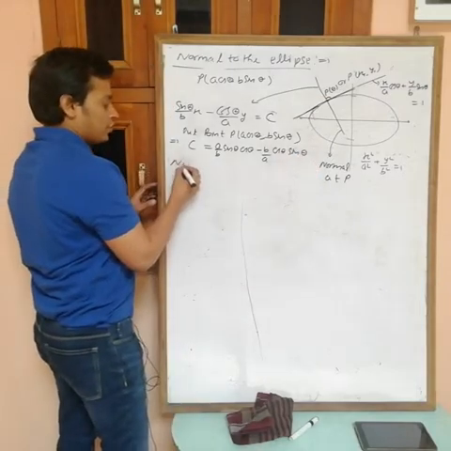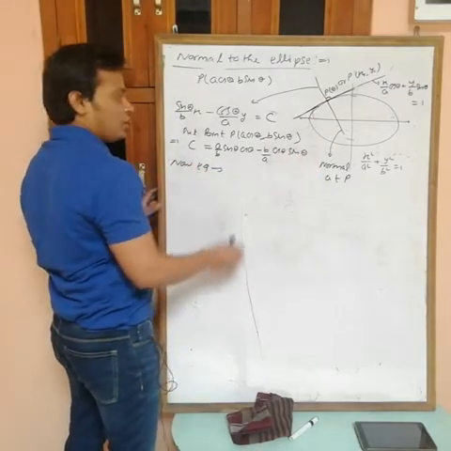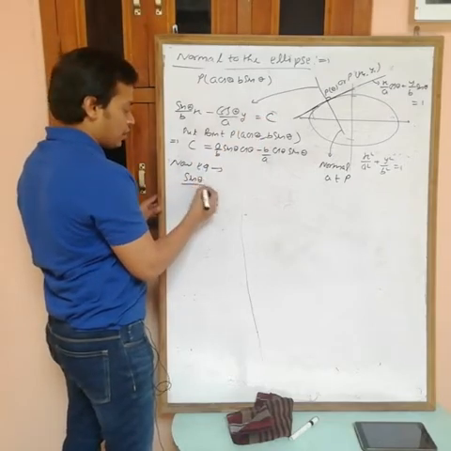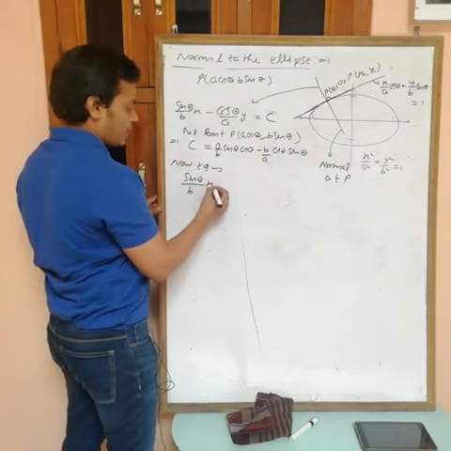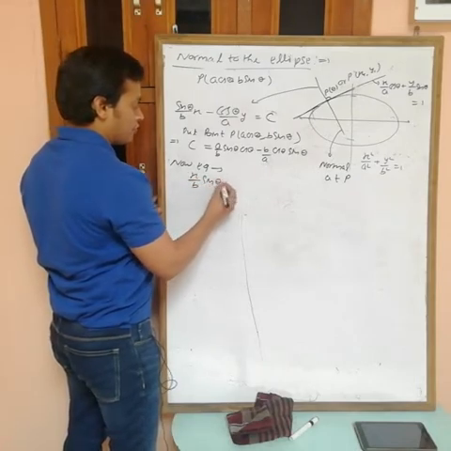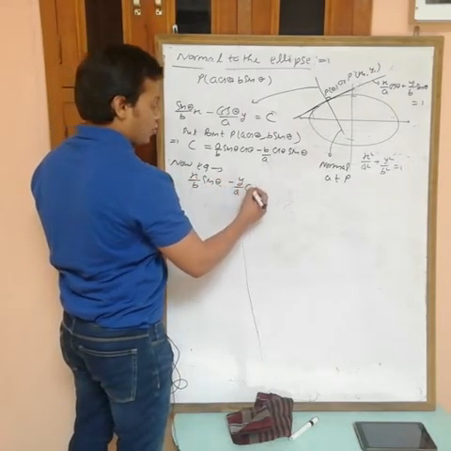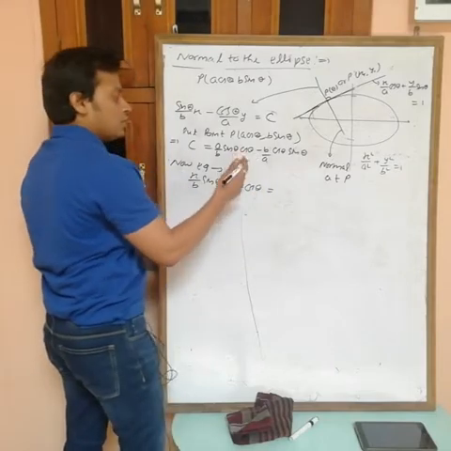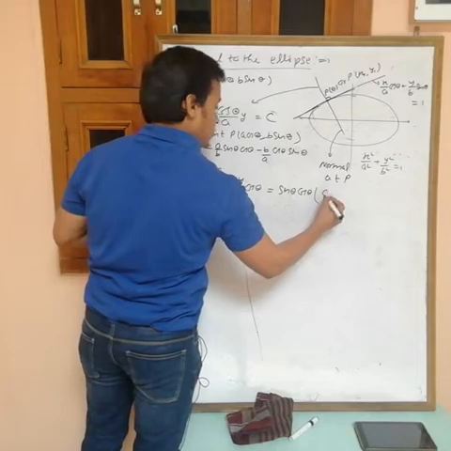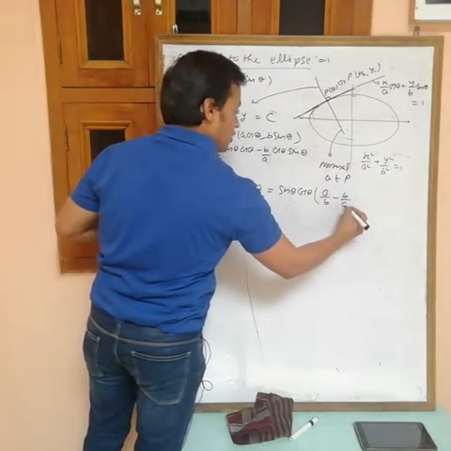Okay, now we are getting the value of c, na. The equation becomes x by b sin theta minus y by a cos theta, and the value of c is, take common sin theta cos theta, then you will get a by b minus b by a.